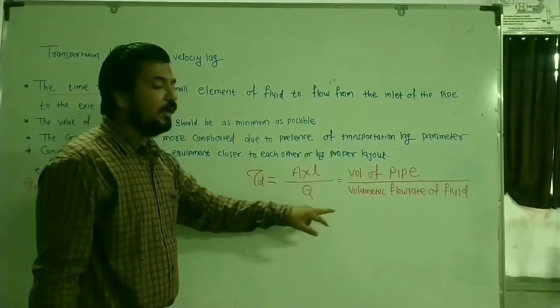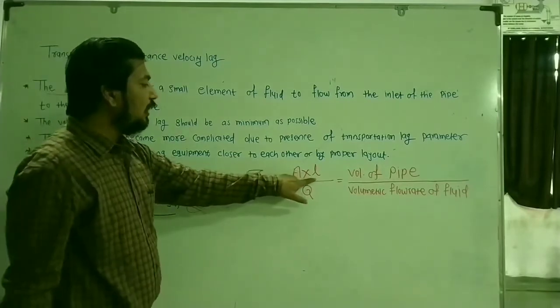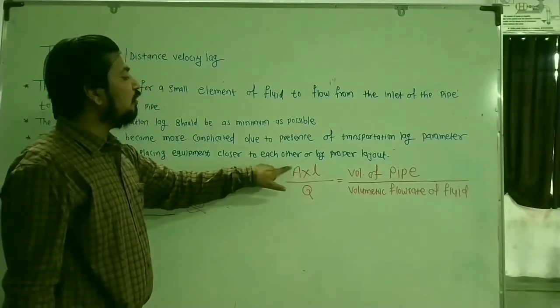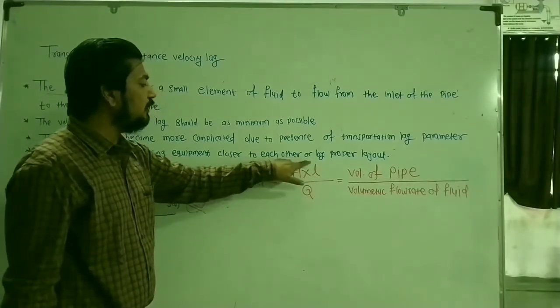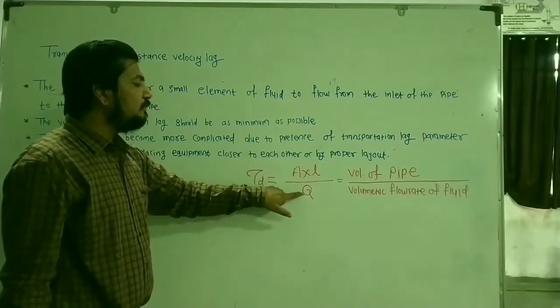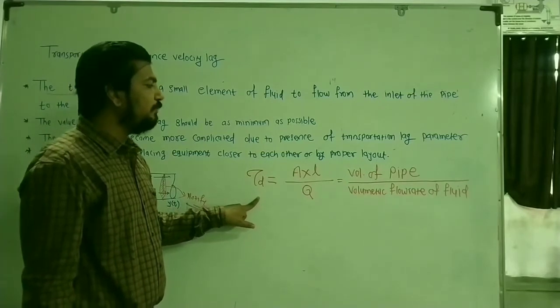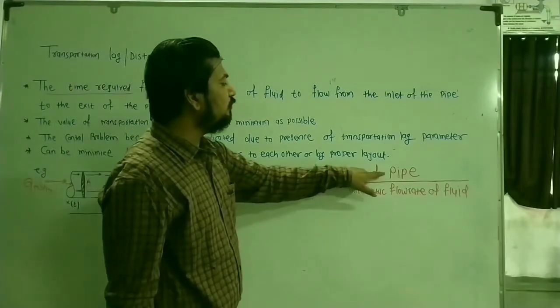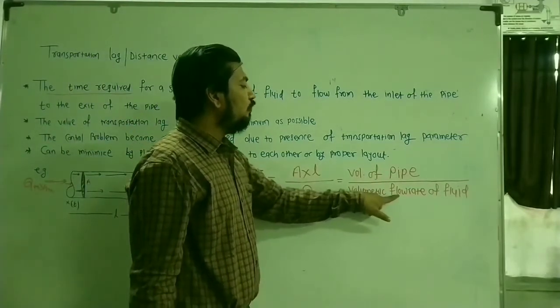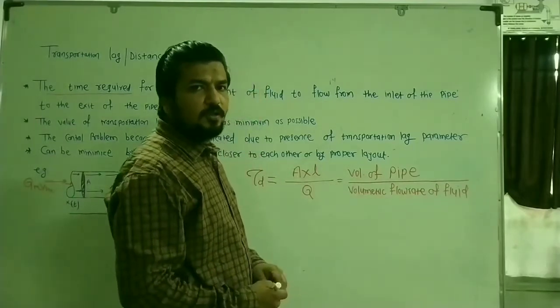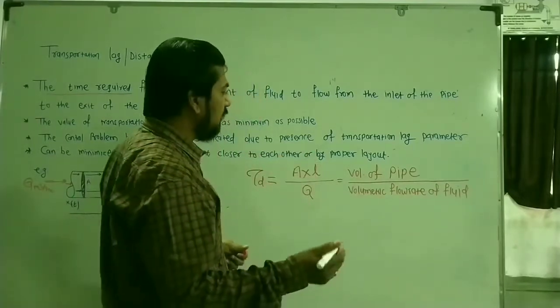So either you reduce the length, or reduce the area, or reduce both these factors, or increase the volumetric flow rate, so that your transportation lag parameter will be minimum. So what is the unit of the transportation lag parameter?